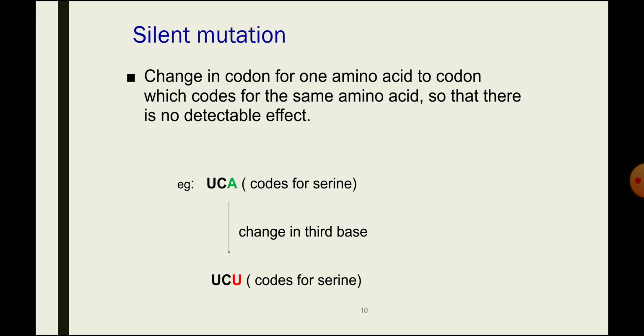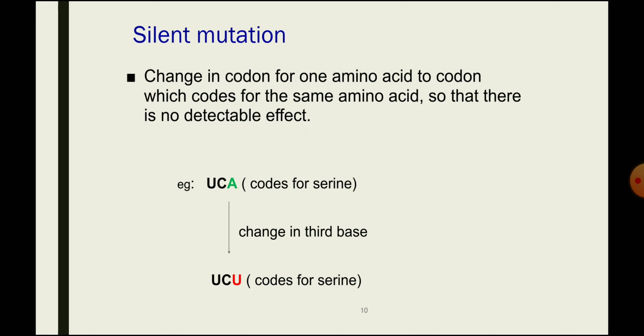Now silent mutation. What is silent? A change in a codon from one amino acid to a codon which codes for the same amino acid, so that there is no detectable effect. You know there are three or four codons for a single amino acid. If the mutation produces a change in the codon which codes for the same amino acid, it is called silent mutation. An example: UCA codes for serine and UCU also codes for serine.